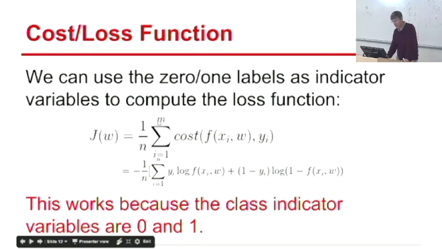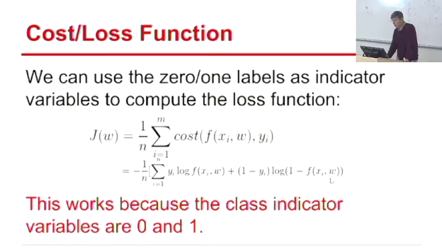We want to come up with the cost of our prediction given the real class label. This is the punishment we want to pay for a positive instance. This is the punishment we want to pay for a negative instance.